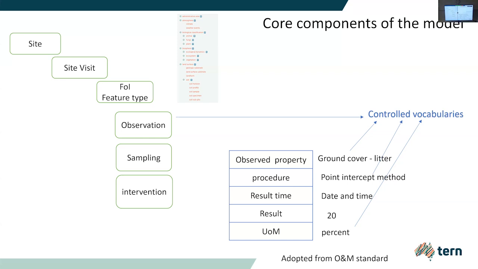So all these things are represented by the controlled vocabulary, so that for example, here the ground cover litter, you know exactly what is the meaning of the ground cover litter, what they define as a ground cover litter. It can be a count, it can be a percentage, whatever. And then what is the procedure. If it's a point intercept method, for example, what is the procedure that was used, the date of the result and then the unit of measurement. So that's why we represent everything as a controlled vocabulary, so that you know the meaning of each of the things.